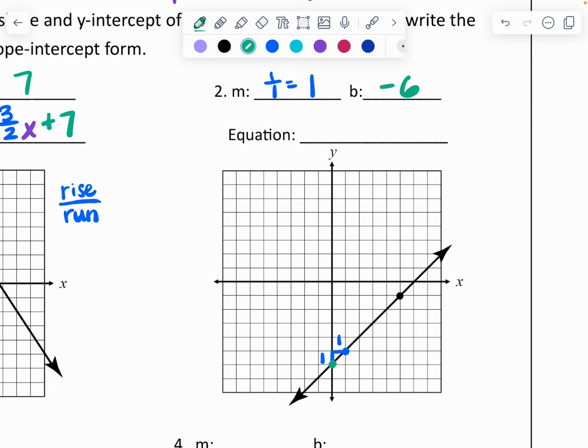So my equation will be y equals 1x minus 6. Now, usually you will not see the 1. It's going to just be x minus 6. But when you have an equation, y equals x minus 6, you know that the slope is 1.